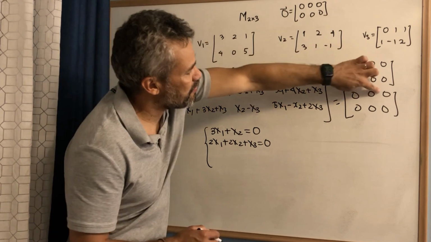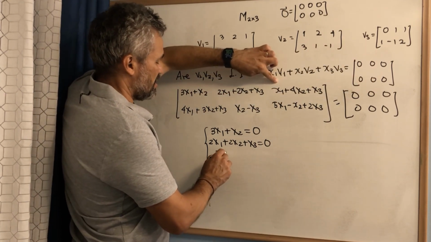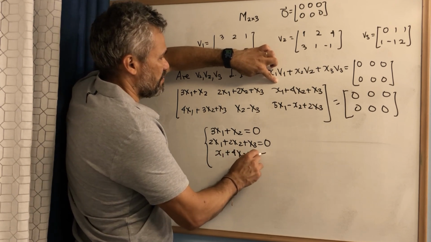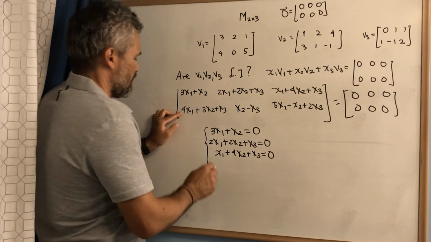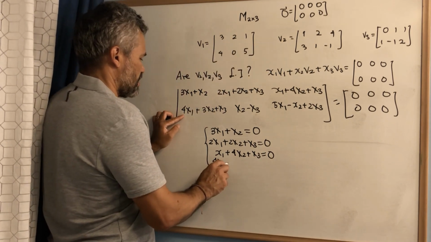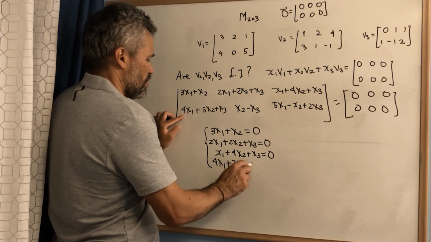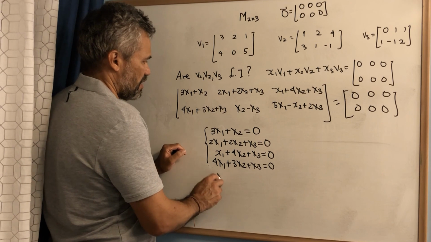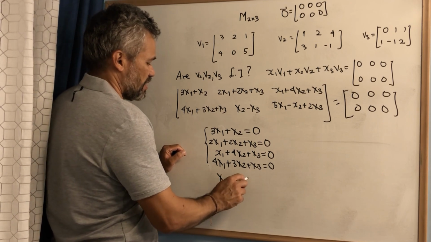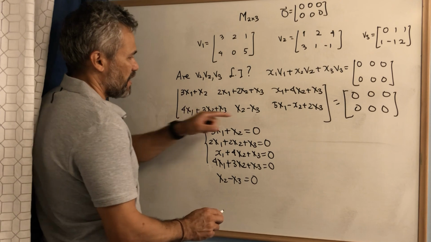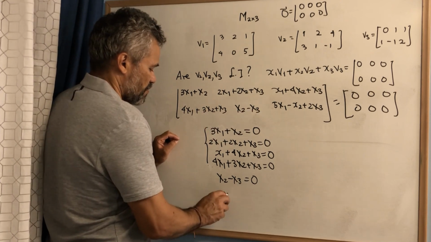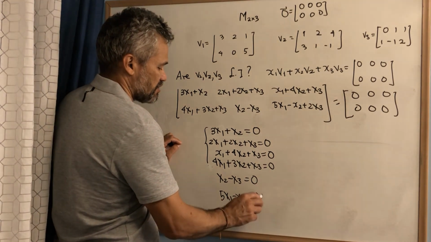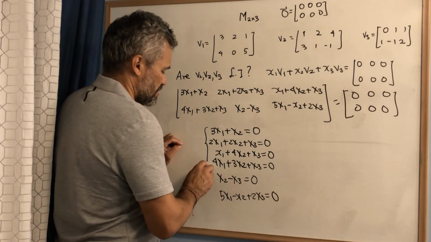Then x1 plus 4x2 plus x3 equals 0, 4x1 plus 3x2 plus x3 equals 0, x2 minus x3 equals 0, and finally 5x1 minus x2 plus 2x3 equals 0.